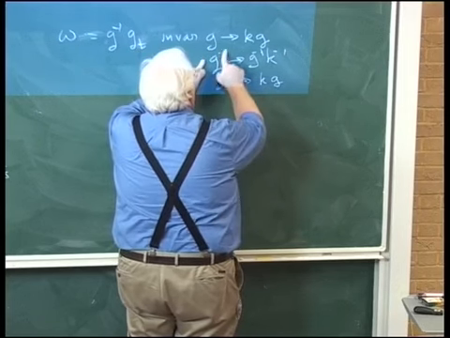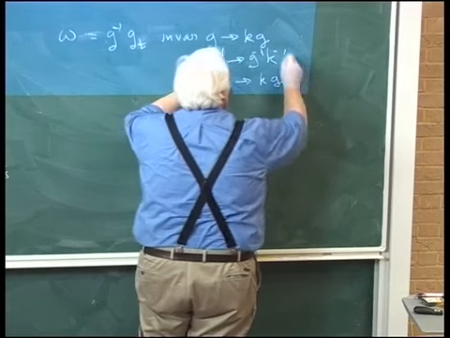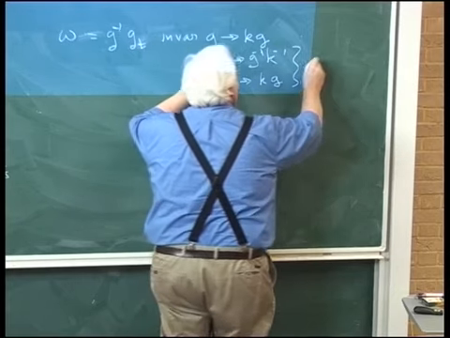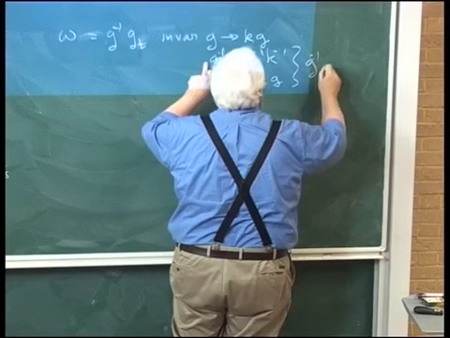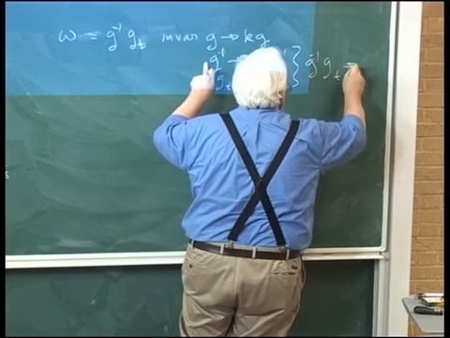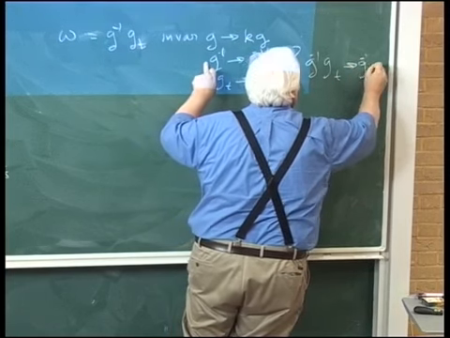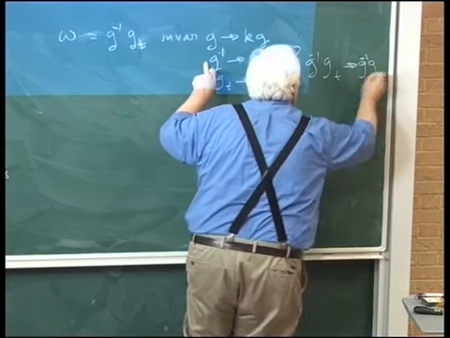We multiply them together, and this takes G inverse G_T into G inverse G_T.